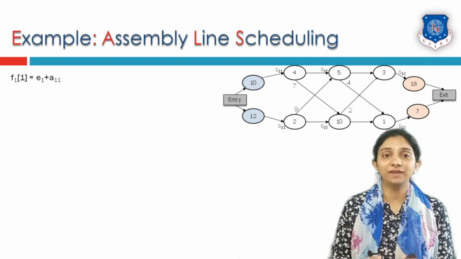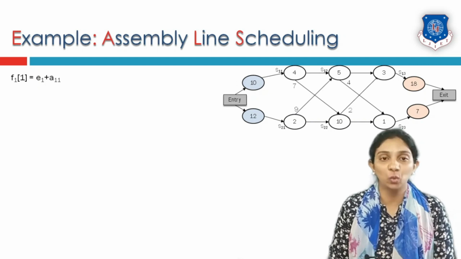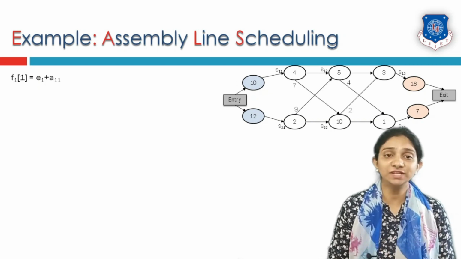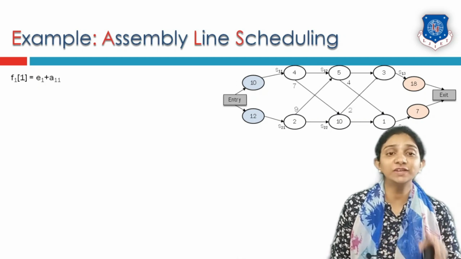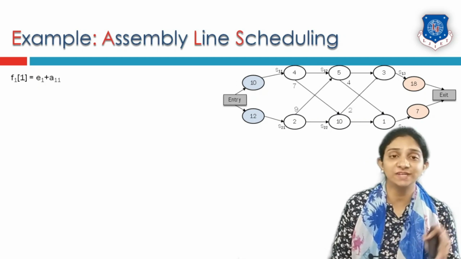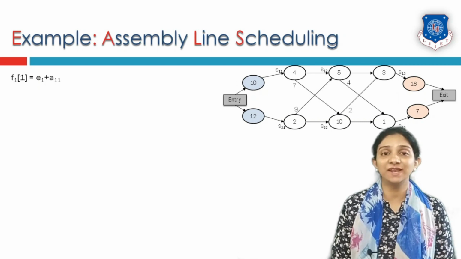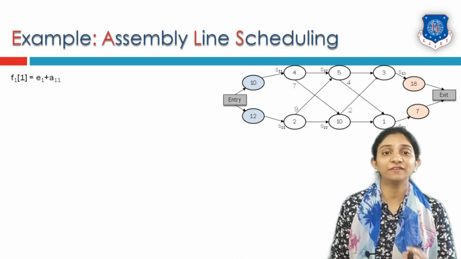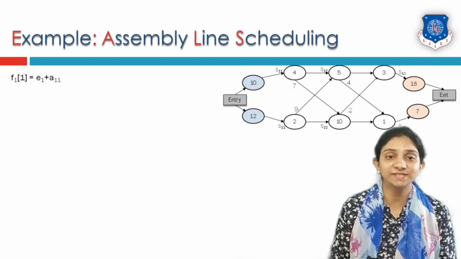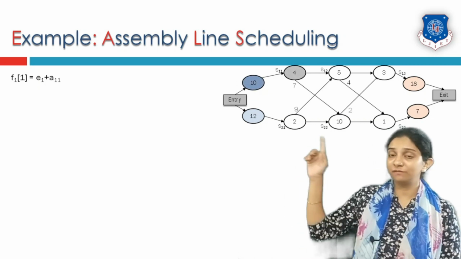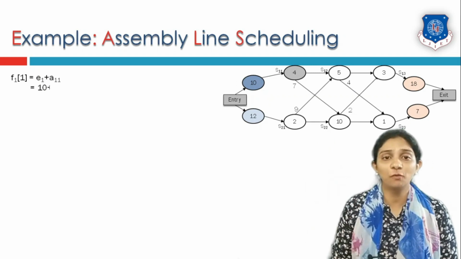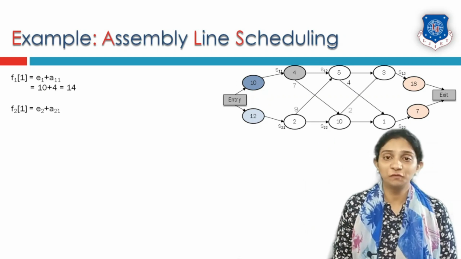So F1 is the finish time in line 1, F2 is the finish time in line 2. F1 of 1 is the finish time of line 1 in station 1, which is given as entry 1 plus station 1's processing time, that is A of 1,1. That means the sum of the node 10 plus 4, that is equal to 14.